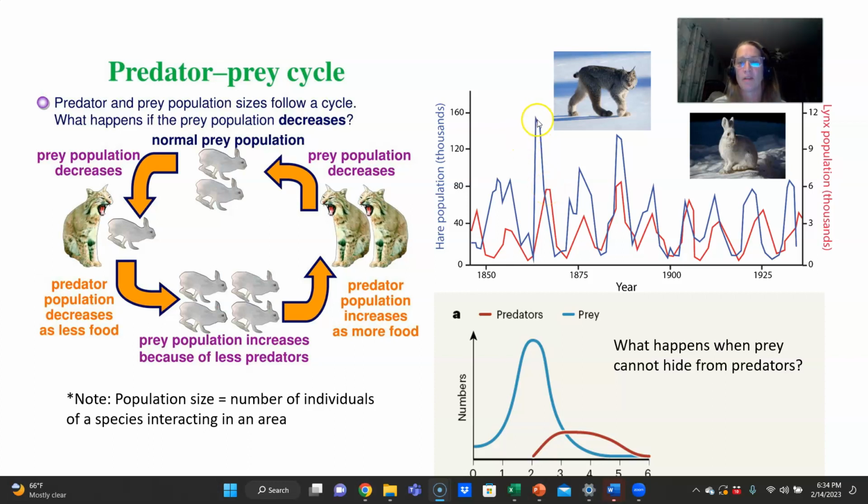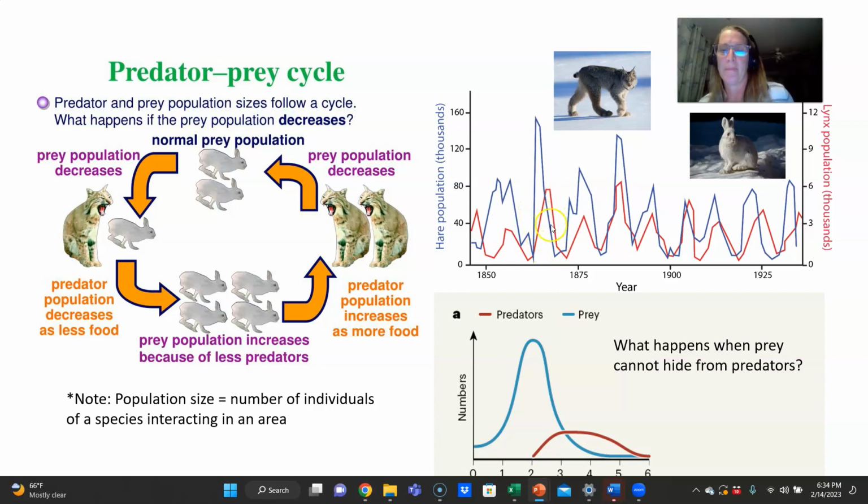So up here you have this great big boom population size of the hare, of the prey. And maybe they run out of resources again. I'm not sure what caused this population to start declining, but probably all of the grass got eaten, all of the seeds were eaten because there were so many of them, and now the population goes into decline.